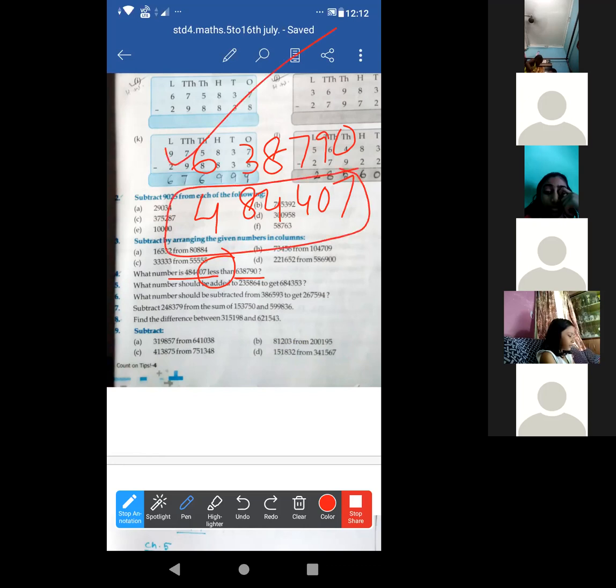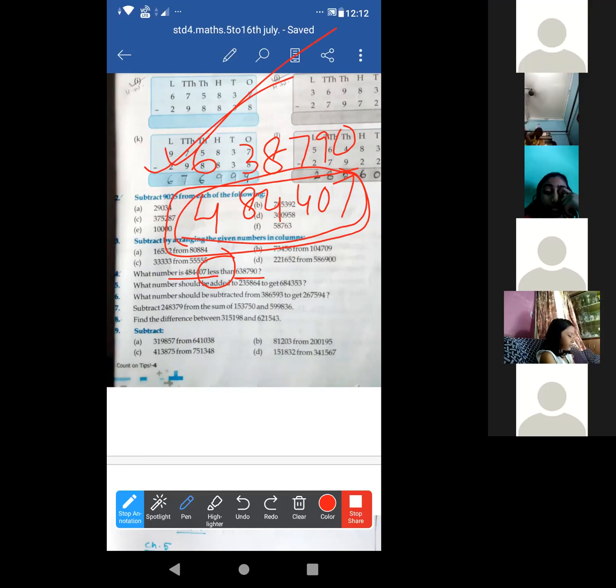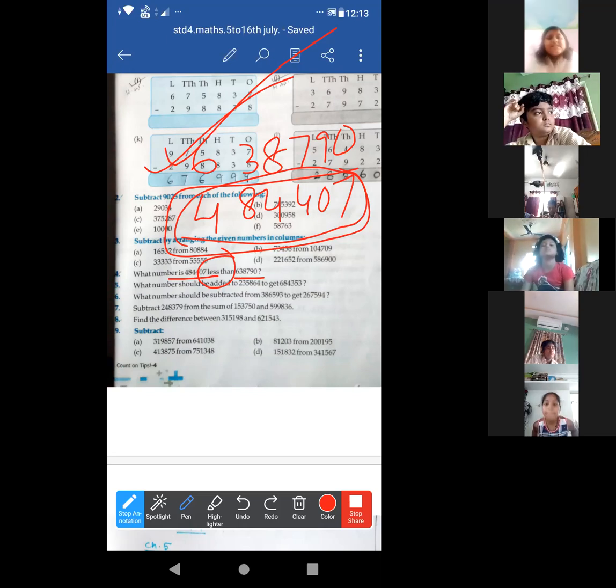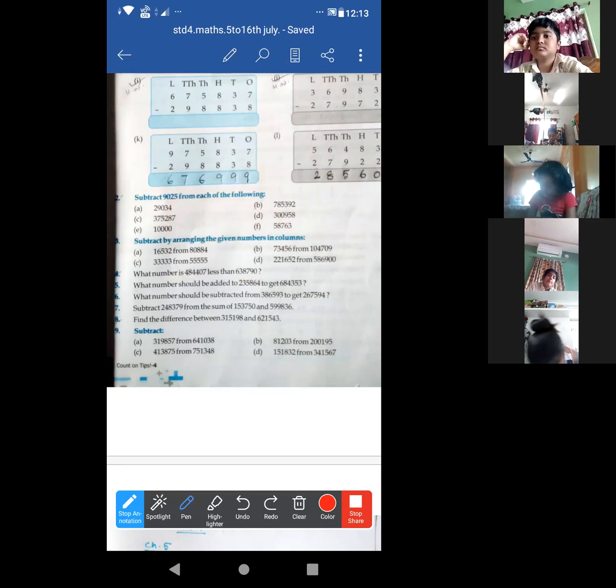That means you have to find that number, when we subtract this number from 6,38,790. Is it clear to all of you? You can shake your head if it is clear. Okay, good. Now I am showing you the solution. Let me explain 4 and 5 together, and I'll show you these two solutions together.